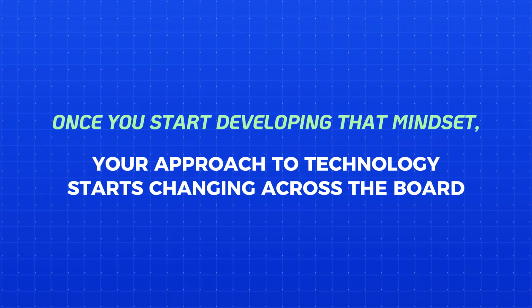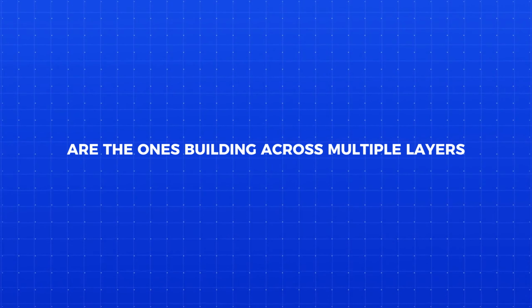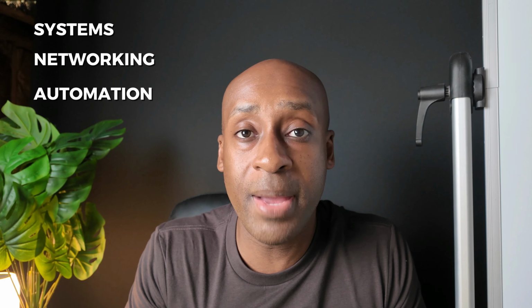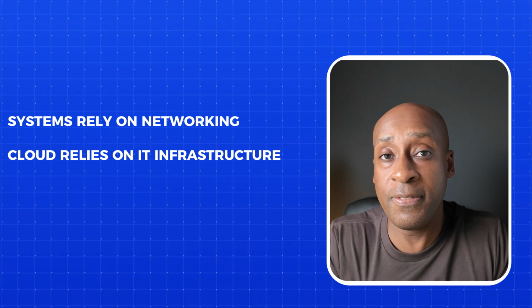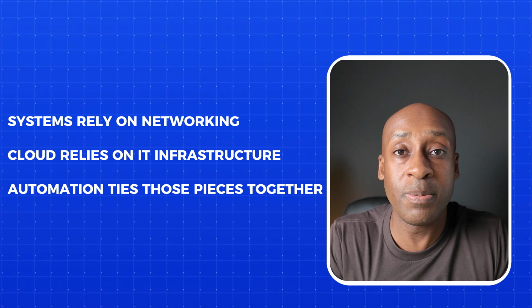Now, from my perspective, working as an IT engineer, systems engineer, and consultant, the engineers who usually grow the fastest are the ones building across multiple layers, not just cloud, but systems, networking, automation, and IT infrastructure together, because modern environments are connected. Systems rely on networking, cloud relies on IT infrastructure, automation ties those pieces together.